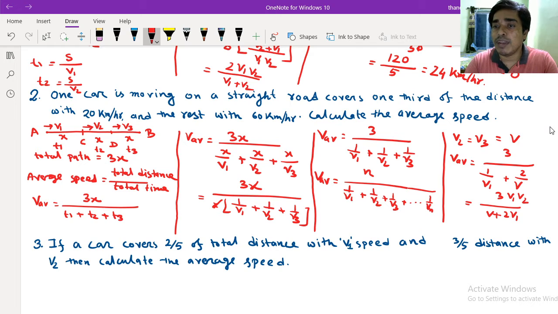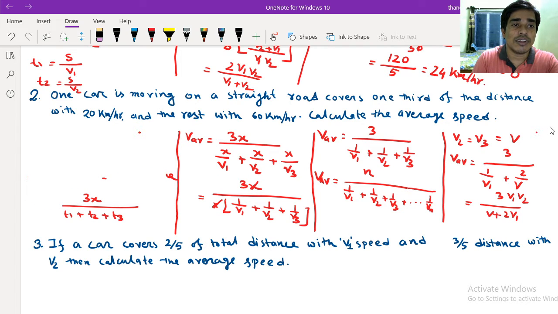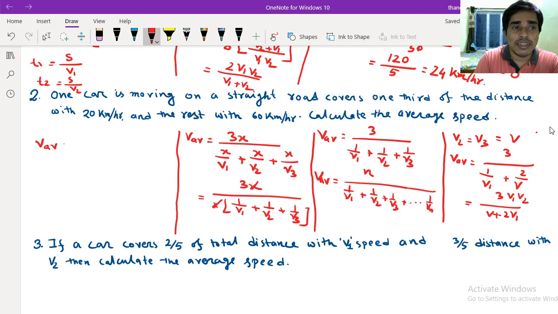So put this value. Suppose this is the V average. V average will be 3 V1 V by V plus 2 V1.